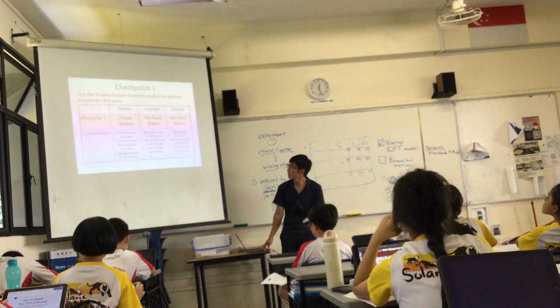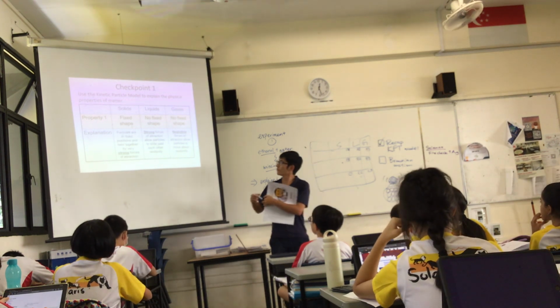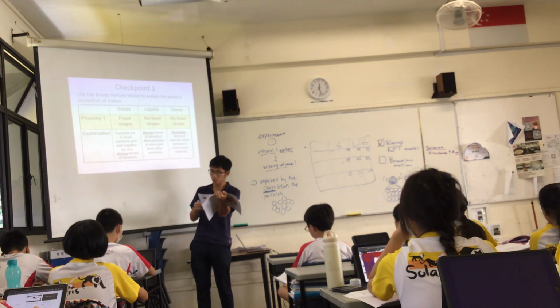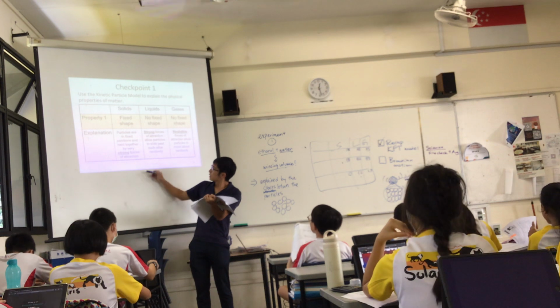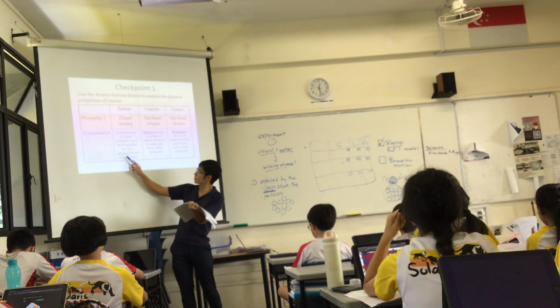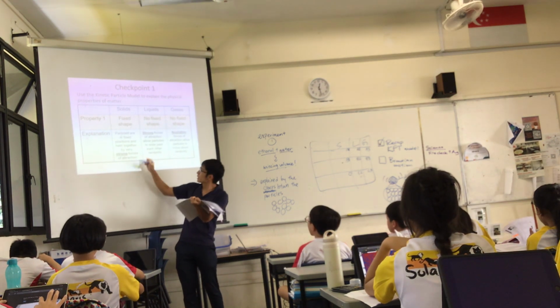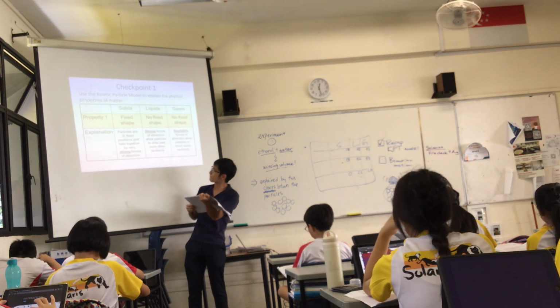Can you see that for solids, it's a mixture of writing down A1 as well as A2. Solids have a fixed shape because of A1, they have very strong force of attraction, and A2, they are held in fixed positions, very close to each other.